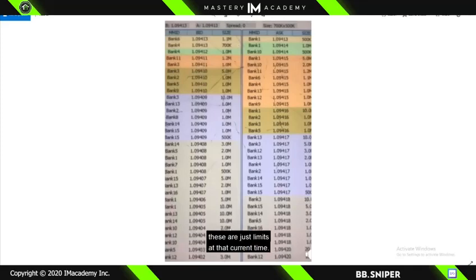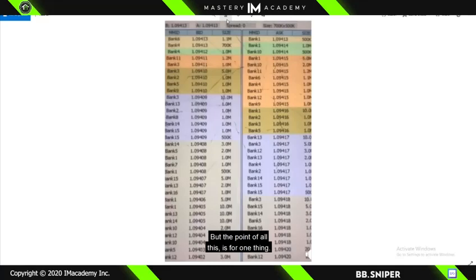And we're not even talking about, these are just limits. At that current time, when Euro USD was around 109.4, at this screenshot time, this was the size of the orders. At any point that can change. There can be a surplus come in, there can be a surplus that goes out.